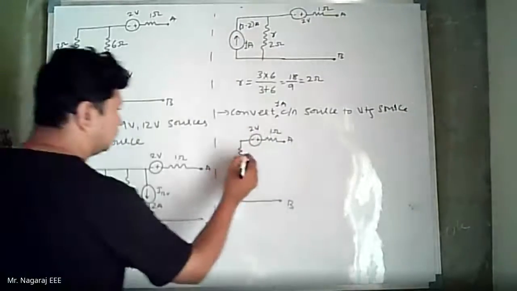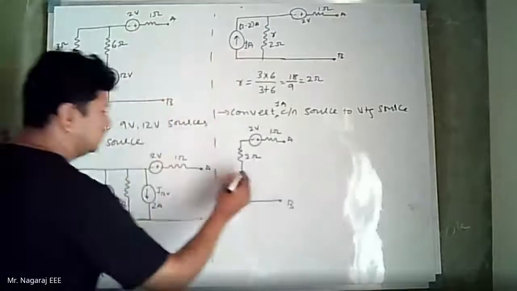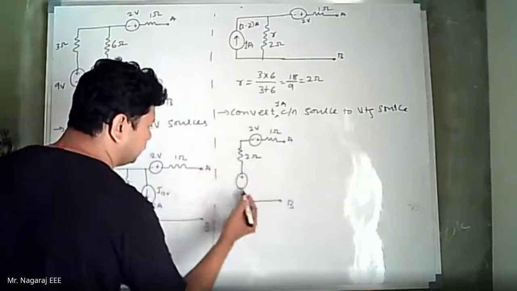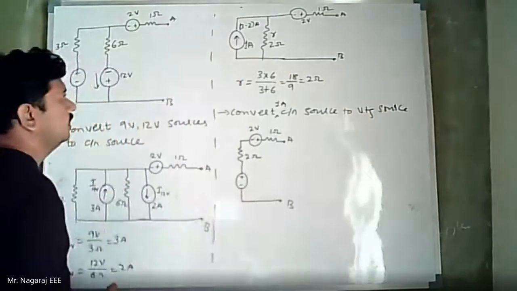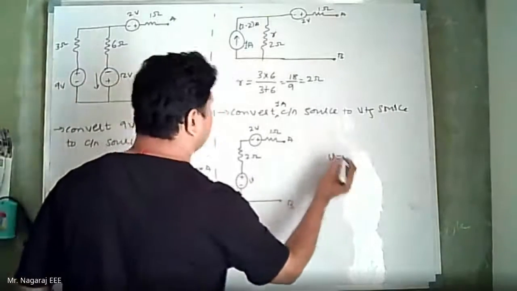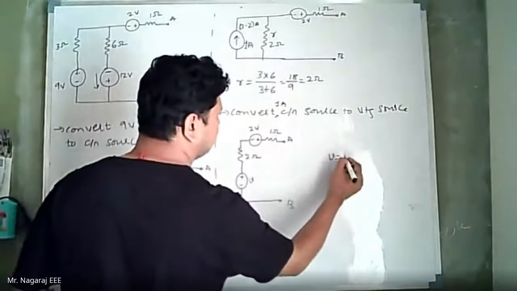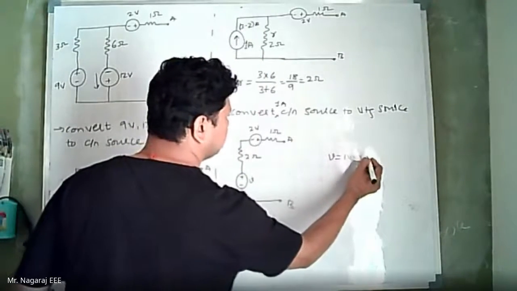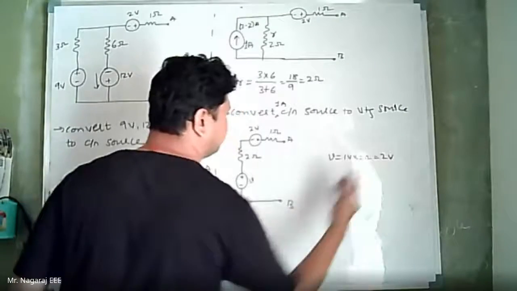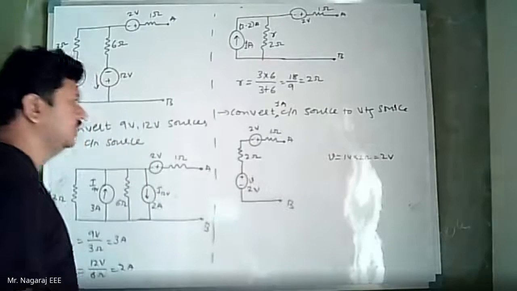So resistance is 2 ohms. Direction of current is upward. So therefore the positive sign of the voltage source will be upward, and voltage, it is V. So V is equal to the source value of the current multiplied by the resistance value. So 1 ampere into 2 ohms. That is 2 volts. So this is 2 volts.